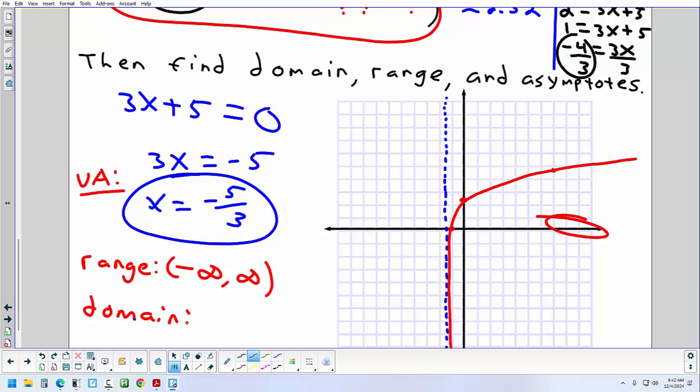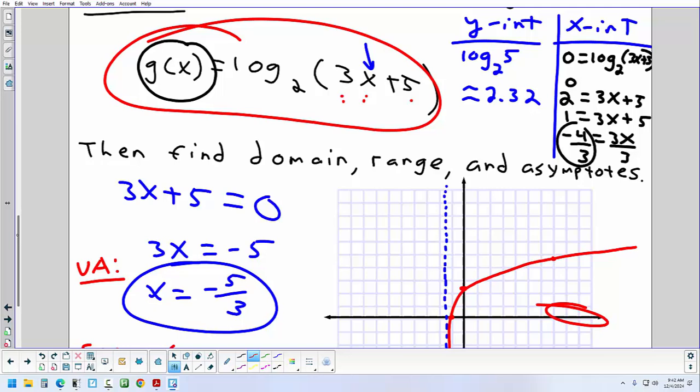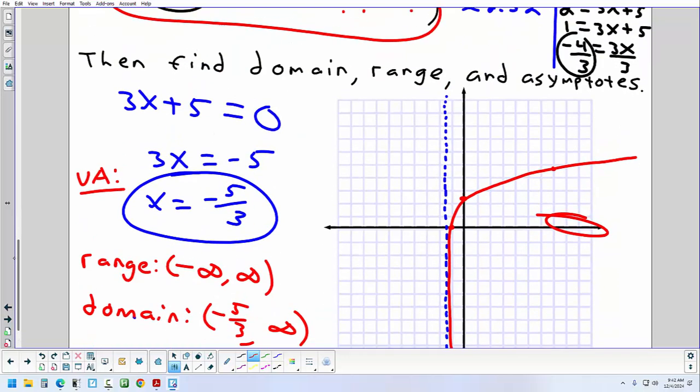So where is the vertical asymptote exactly? I know it's about negative 1.6, but negative 5/3. So the domain is everything from negative 5/3, not including it, to infinity. And that's everything they wanted. Domain, range, and asymptotes.